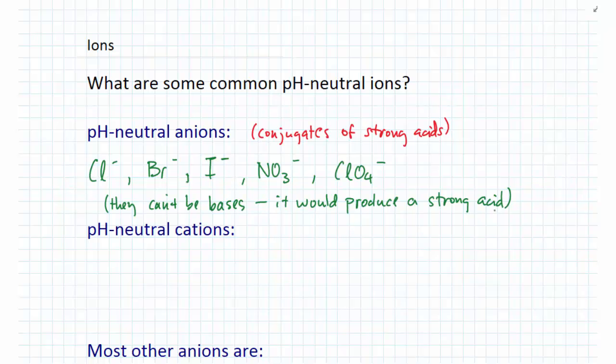The pH-neutral cations come from the strong hydroxides. Do you remember which hydroxides were the strong bases?